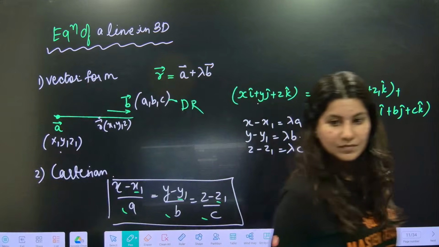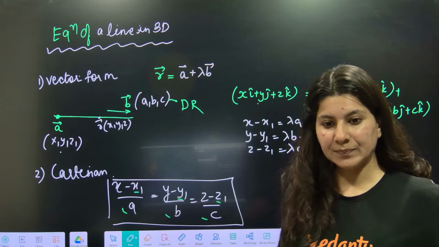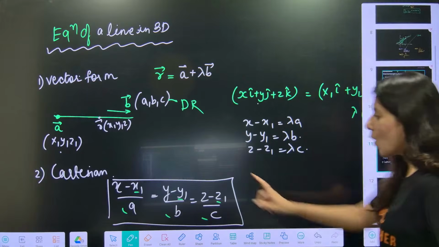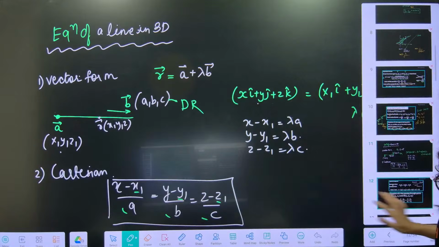Got it? So the equation of a line, when a point and a direction ratio are given to you, you can write very easily.